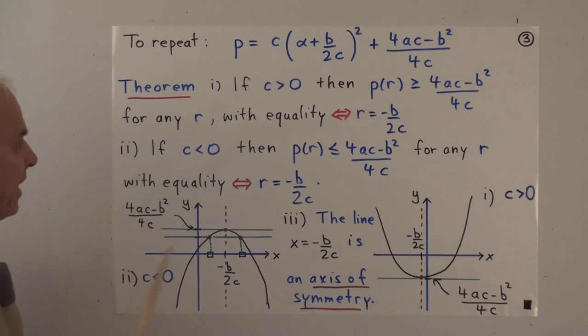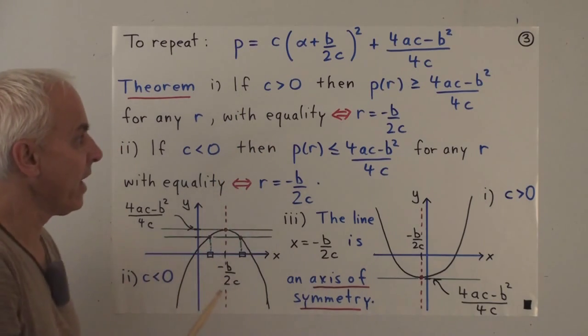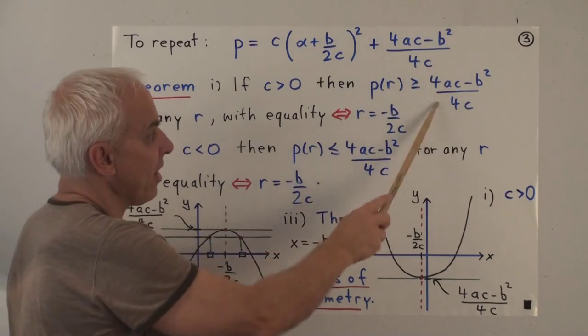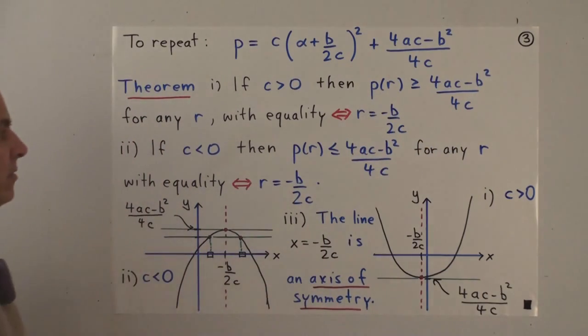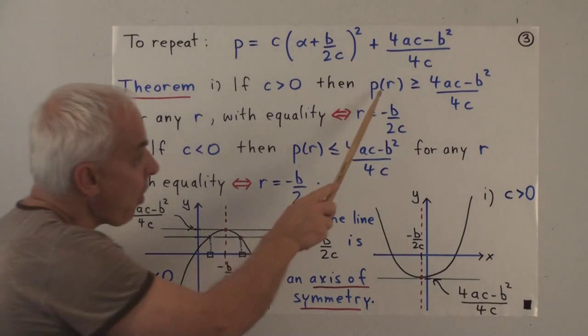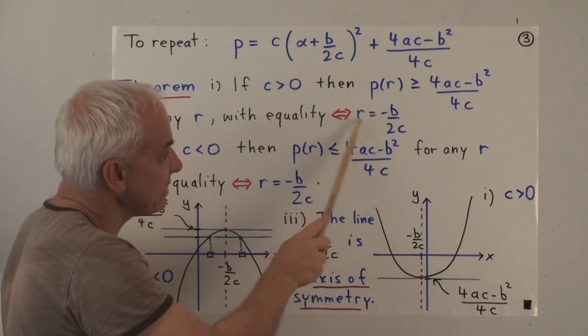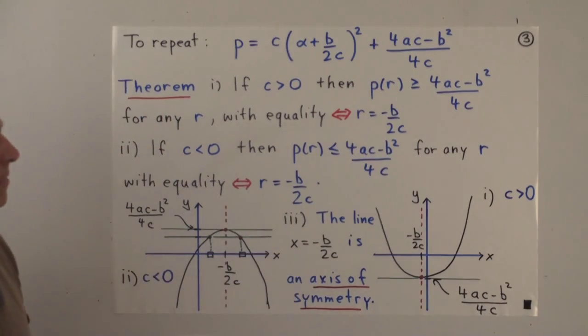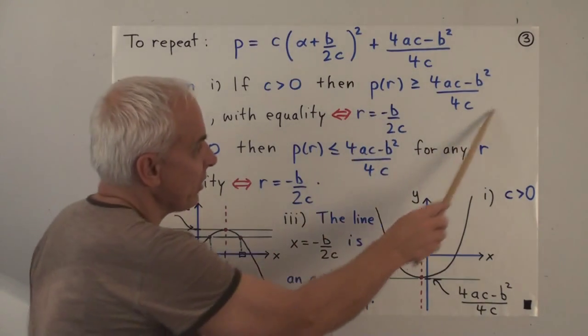The first is that if c is positive, then p of r is bigger than or equal to this number for any r, with equality happening precisely when r happens to be minus b over 2c. So this is an inequality.